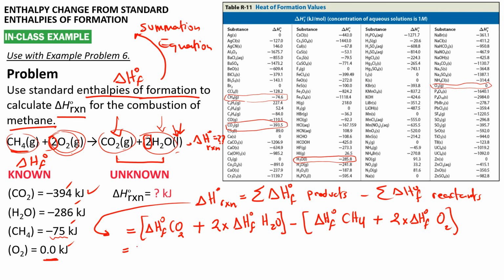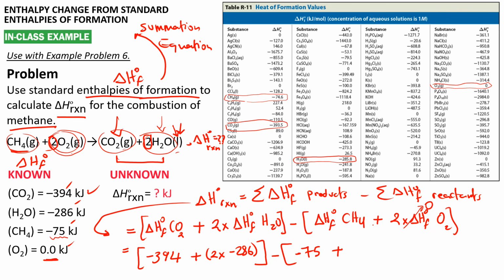So it will be minus 394 plus 2 times minus 286. We close this, minus the delta H F node of CH4, which is minus 75, plus, we know this is going to be 0, right?